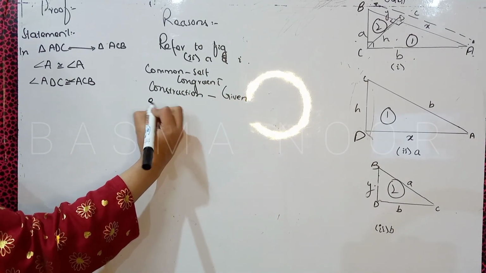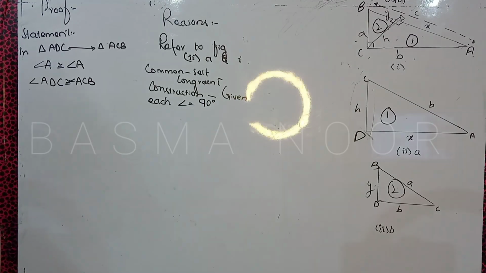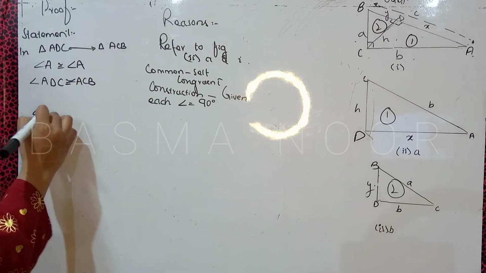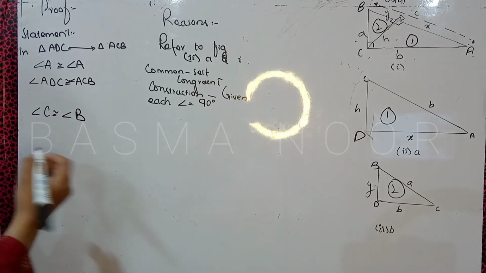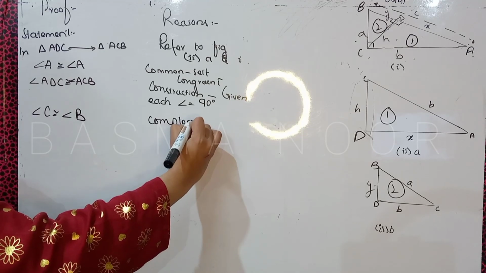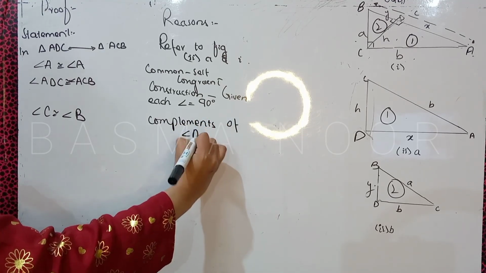So we are also gonna write that each angle is equal to 90 degrees. Okay, my writing is quite rough. And angle C is congruent to angle B, and these are complements of angle A. You better know what a complement is. Okay, complements of angle A.